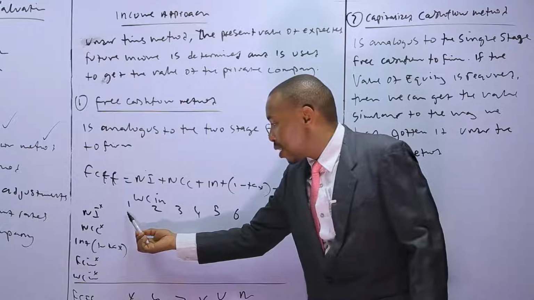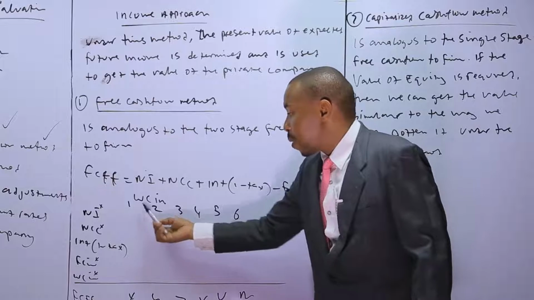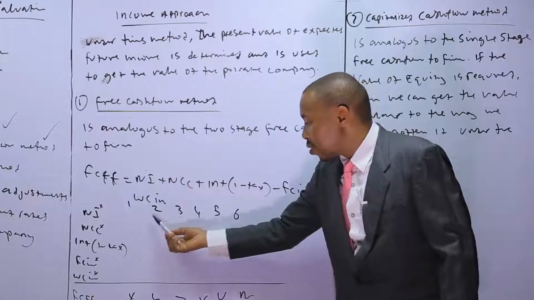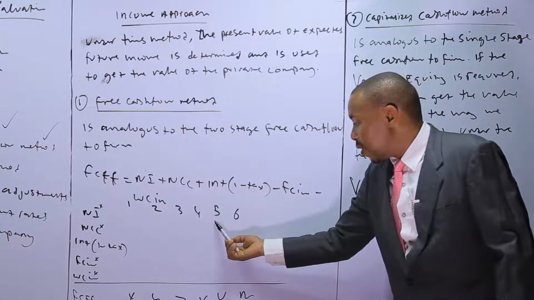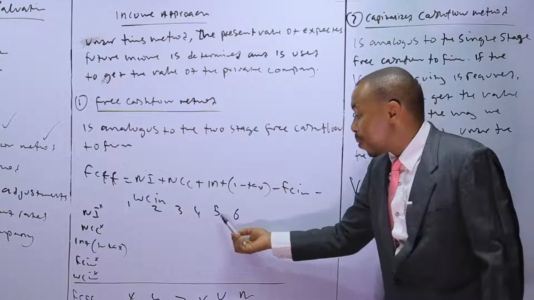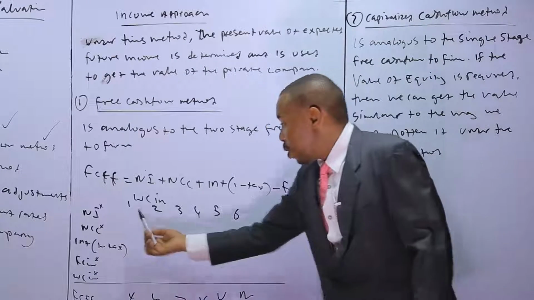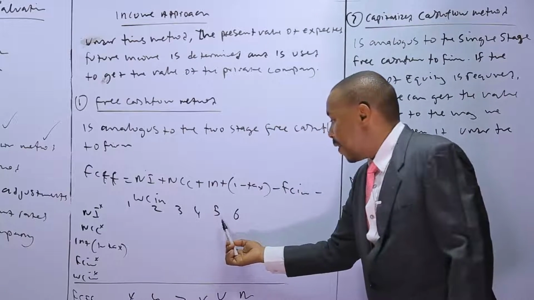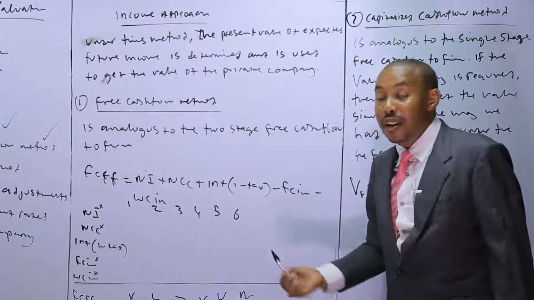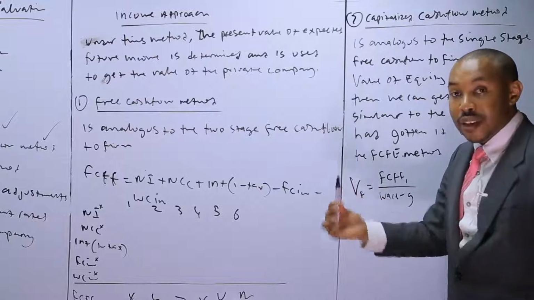Year one, net income grows at 5%, then year two, a 5% increase from the previous value, like that, until year six, where it is a 2.5% increase of the previous value. That means two stages of growth: the first stage up to year 5, the second stage from year 6 onward. Now here we will be able to use a single-stage model.